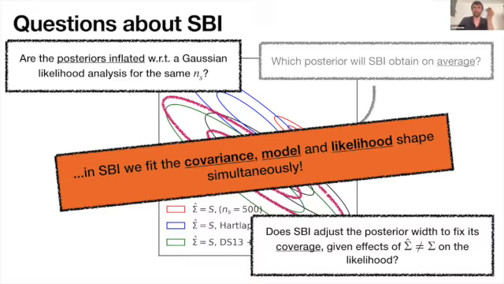With SBI, we fit this data covariance, we fit the model as well, and the likelihood, quite literally the functional form of this likelihood, simultaneously. So where before I've shown you these Gaussian likelihood analyses where we just estimate the data covariance and have some model, and we assume the form of the PDF, SBI does all of this at the same time. So it's quite a different approach, but certainly potentially more powerful.